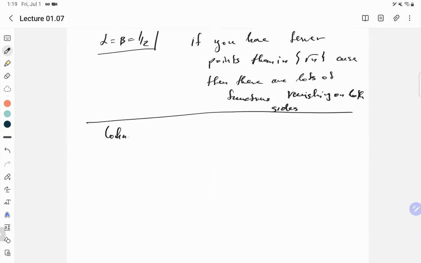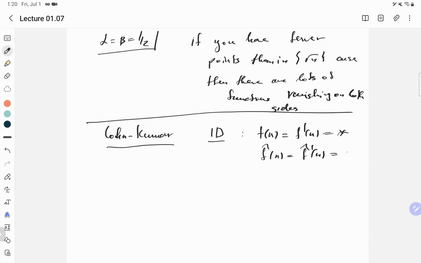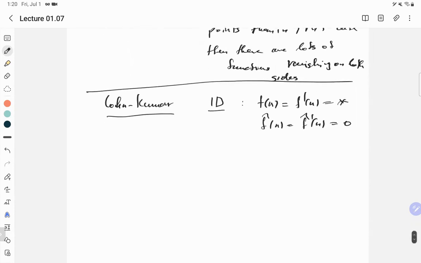So Cohn-Kumar, well, in 1D, you had the problem. There are inequalities and then there are equality constraints. So this complementary slackness phenomenon. The equality constraints are more or less something. So f and f prime, you know what the values are, and the Fourier transform is 0 at integers.